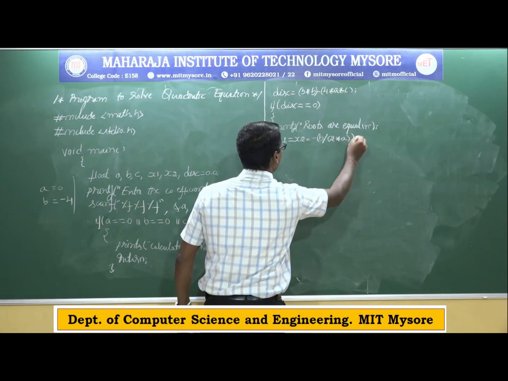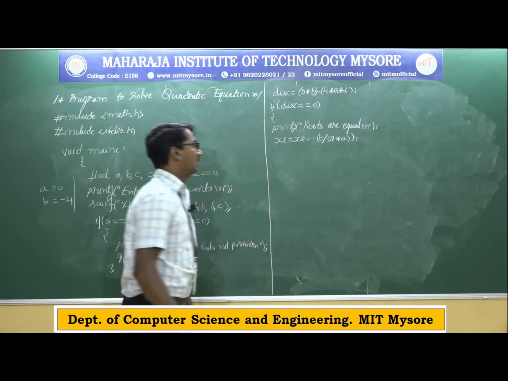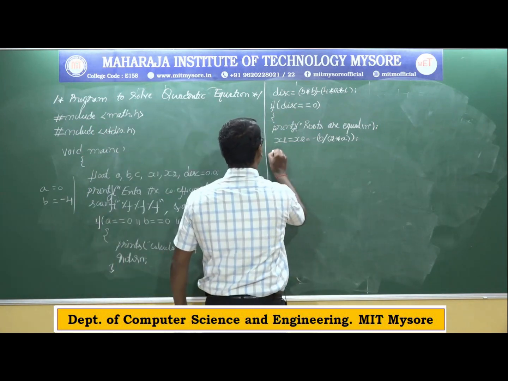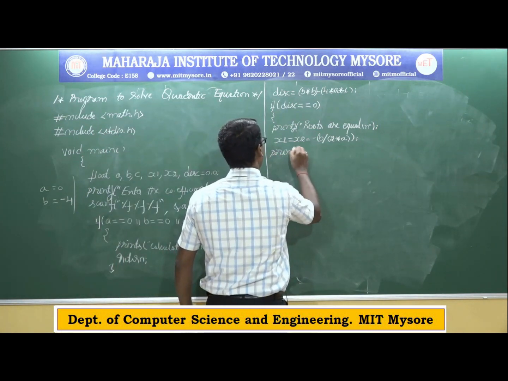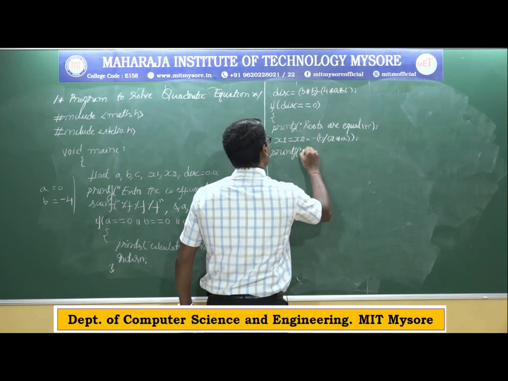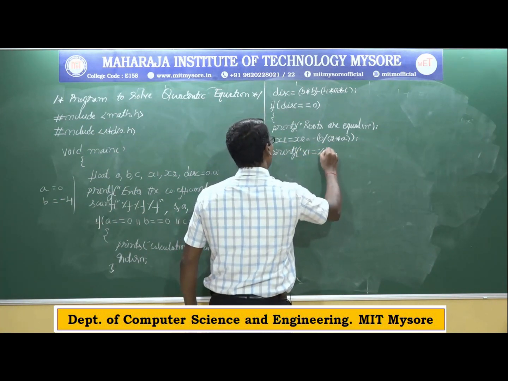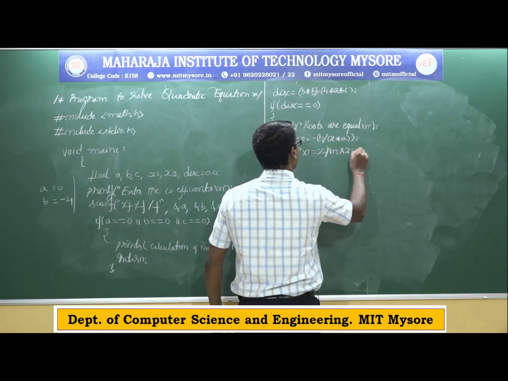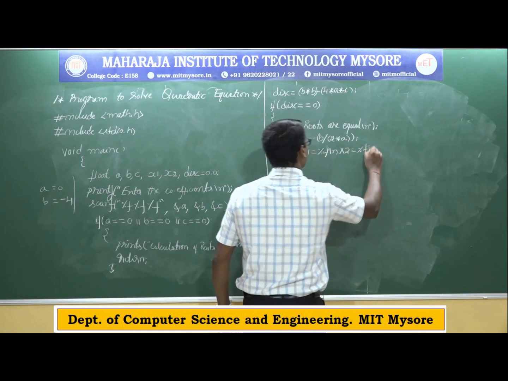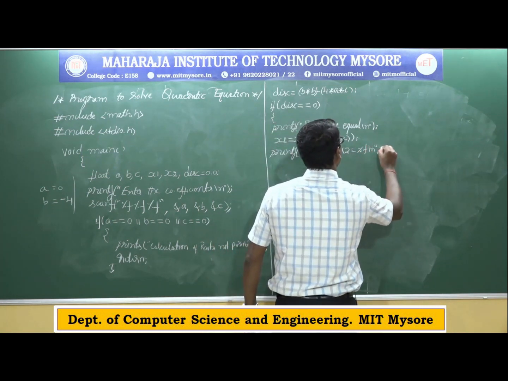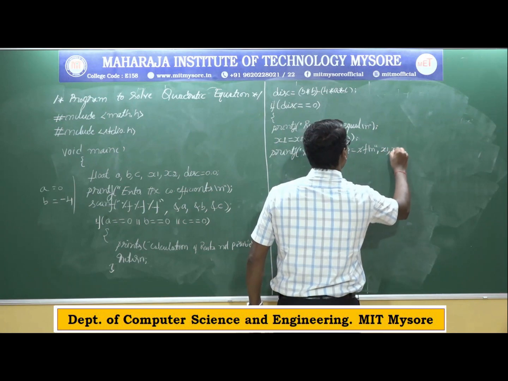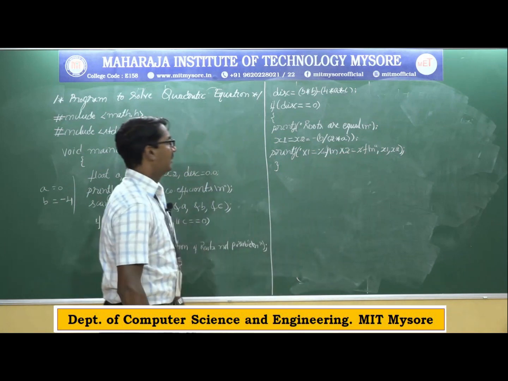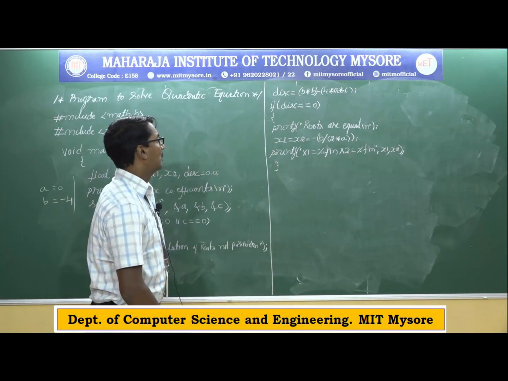Then printf x1 is equal to percentage f slash n, x2 is equal to percentage f slash n, x1 comma x2. Here I will display the values of root 1 and root 2.